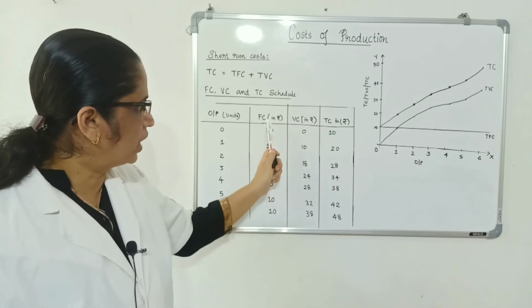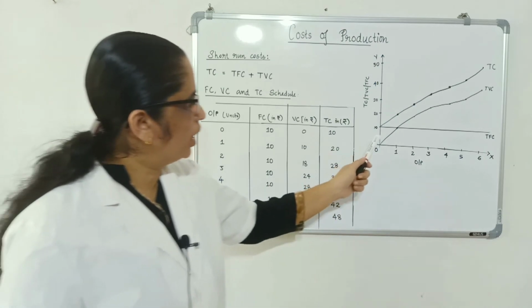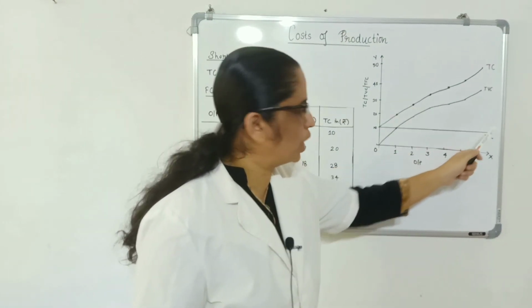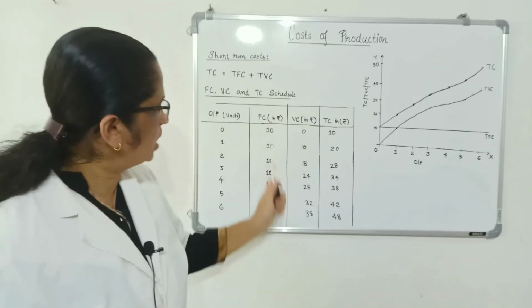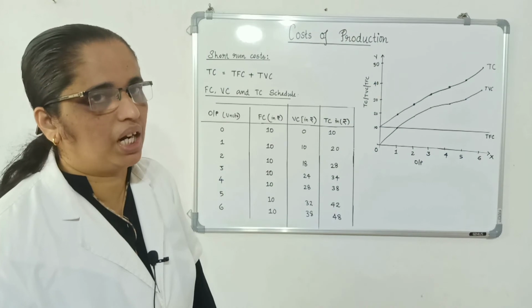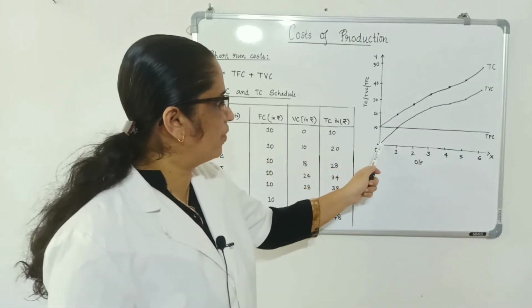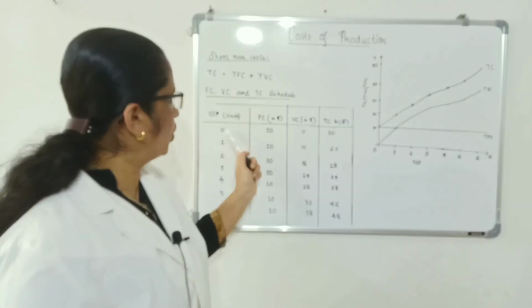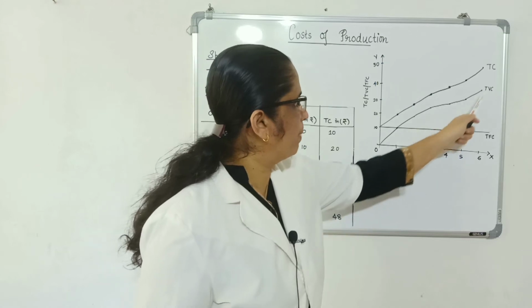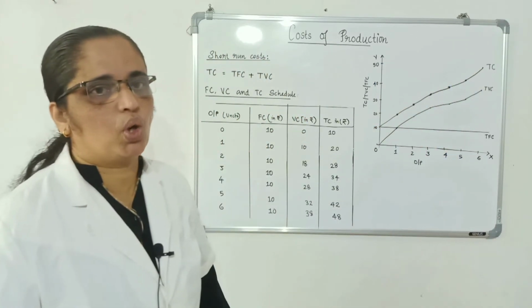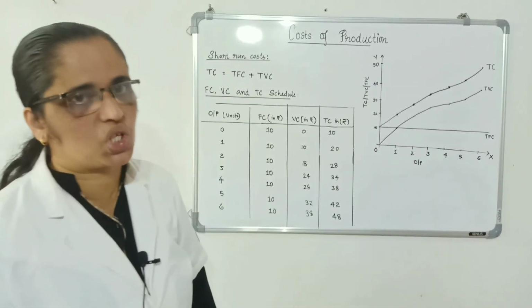Here, at all the levels of output, fixed cost is 10 rupees. So, fixed cost curve is a horizontal line parallel to OX axis because it is fixed along with the level of the output produced. Variable cost curve starts from the origin, that is output is 0, variable cost is 0. When the output is more, variable cost is more. Variable cost increases along with the level of the output produced.